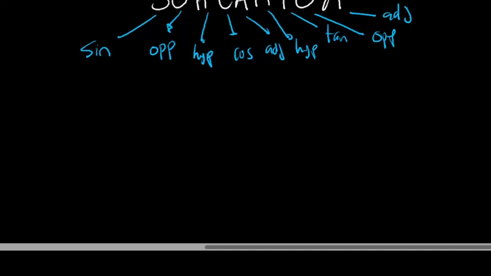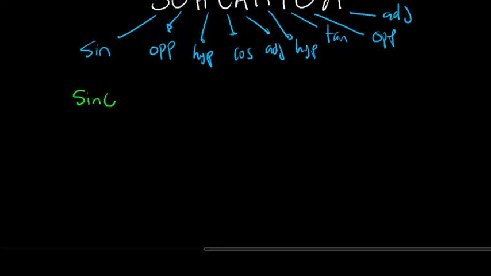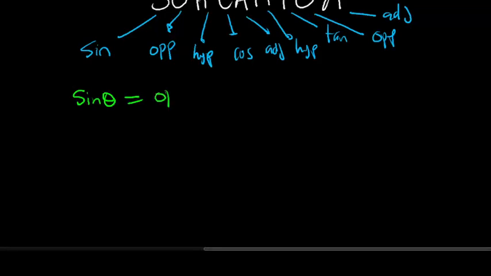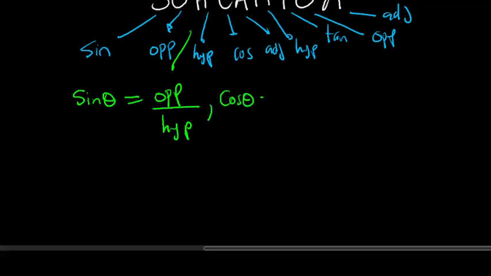Now, moving on without wasting time, so we have sine theta to be opposite over hypotenuse according to what we have here, this over this, followed by cos theta.